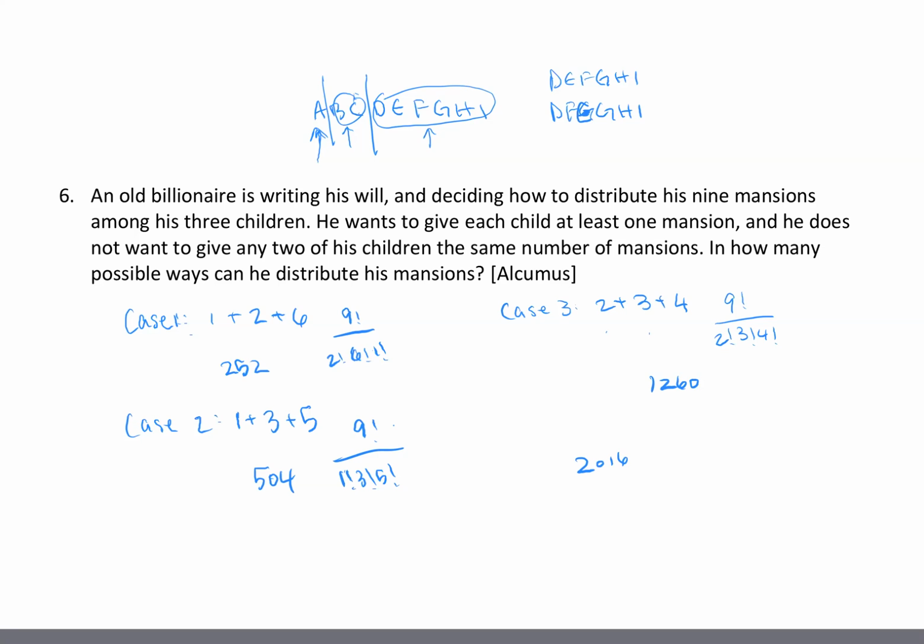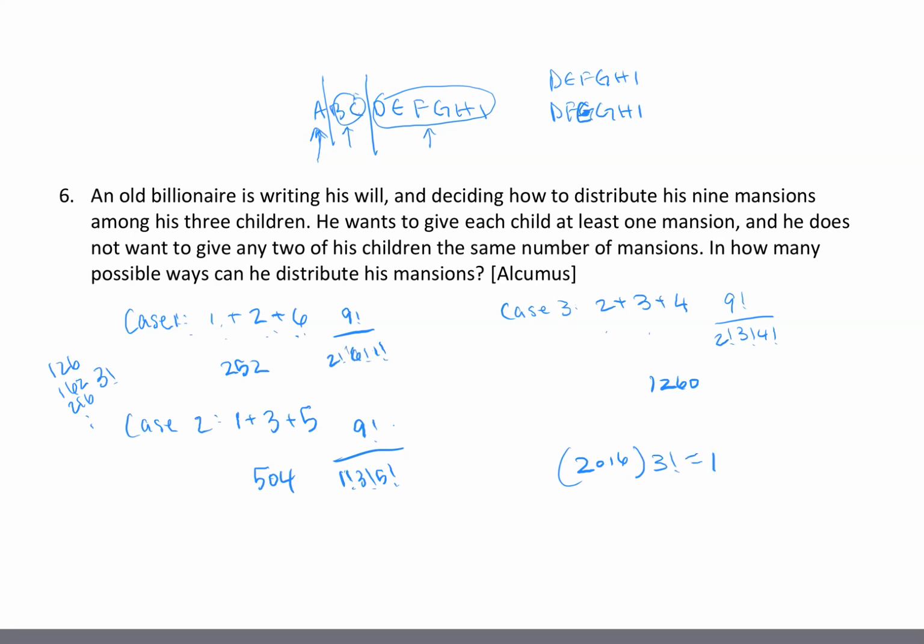However, we're not done yet because we assumed that we didn't order the children yet. We just ordered the numbers from least to greatest. But when we have 1, 2, 6, it can actually be written as 1, 6, 2 or 2, 1, 6 and so on. So there's 3 factorial ways to order them, right? So you have to multiply 2016 by 3 factorial because we need to order the children in each of our cases.